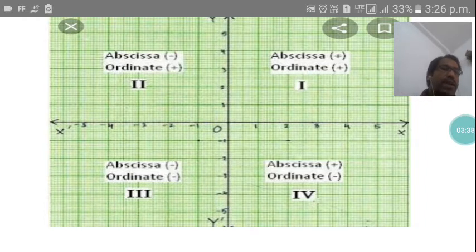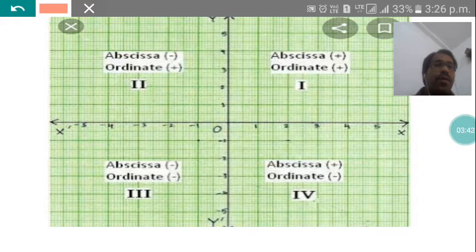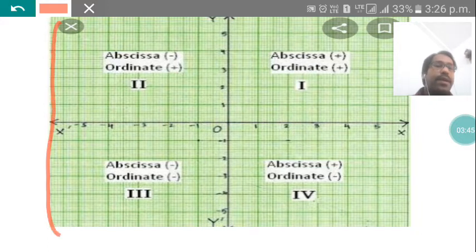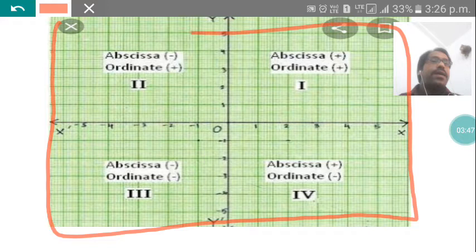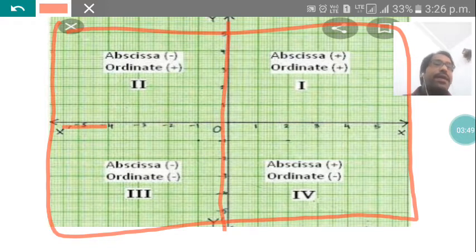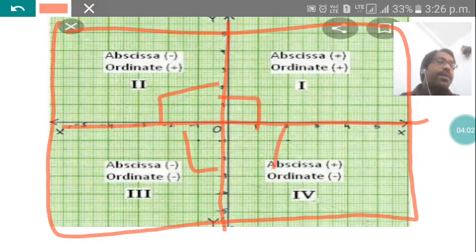This is the whole plane, and it has been divided into 4 parts, so each part is called a quadrant. The x and y axes are perpendicular to each other, so each quadrant has an angle equal to 90 degrees.